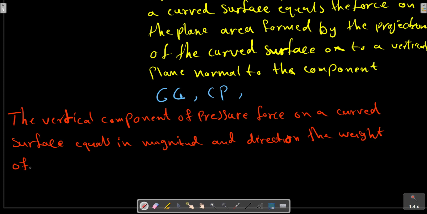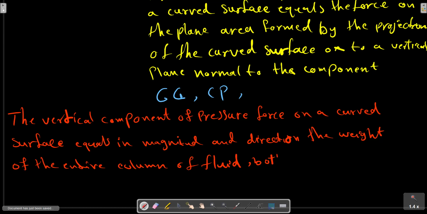The entire column of fluid, both liquid and atmosphere above the surface.